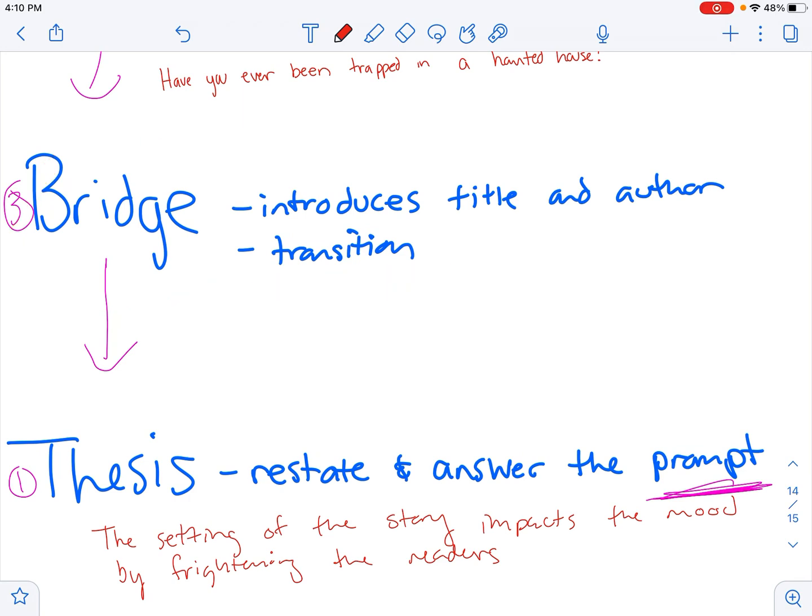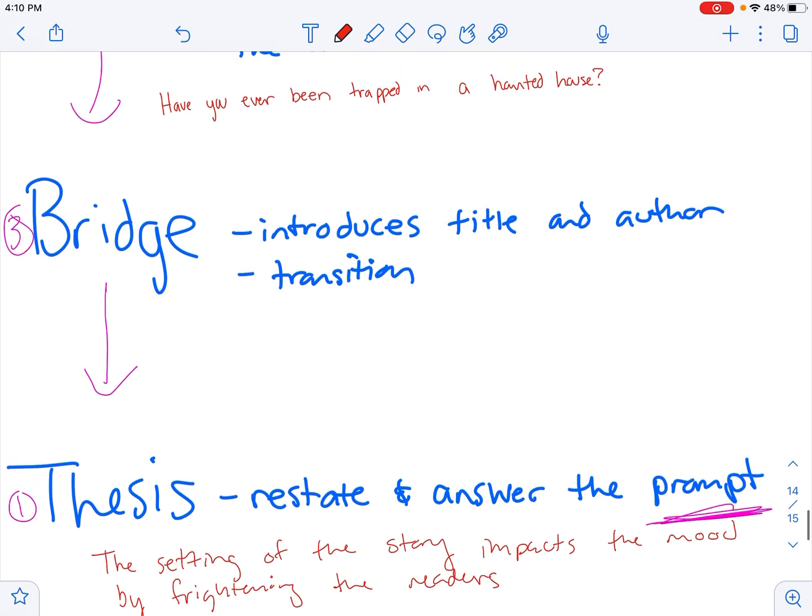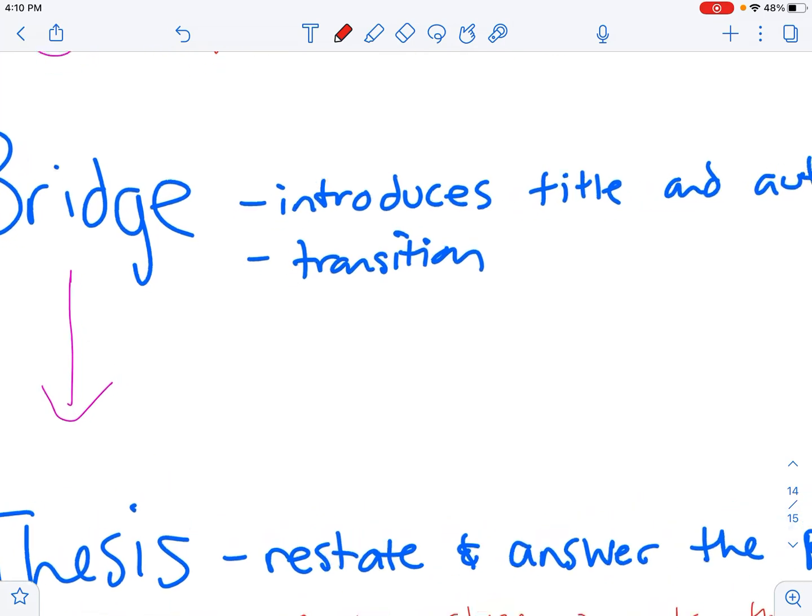So I'm going to start it by talking a little bit more about this hook. And then I'm going to introduce the title and the author of our specific story. So right now it says, have you ever been trapped in a haunted house?